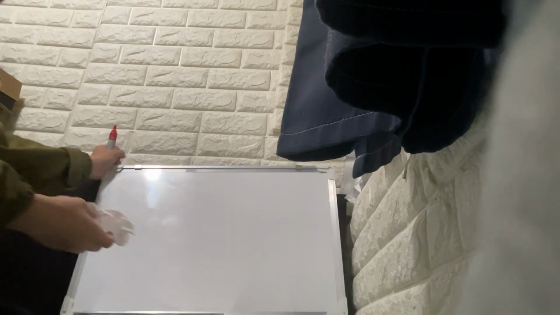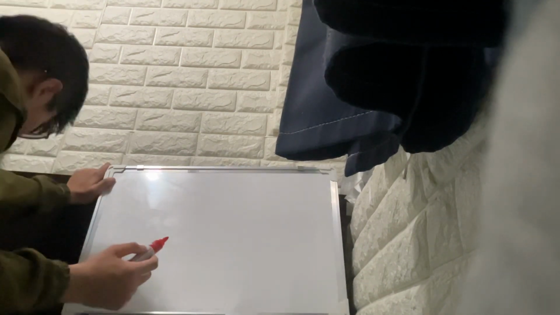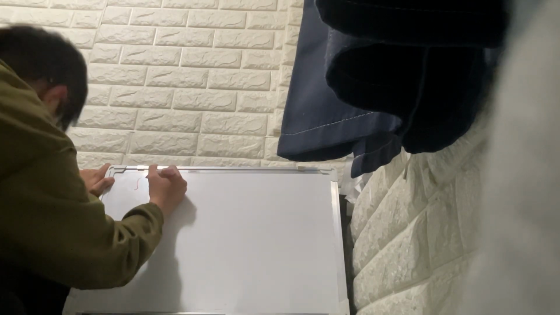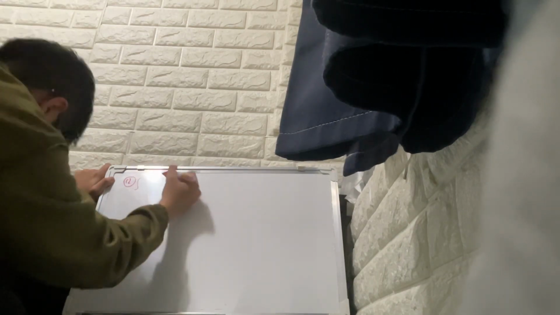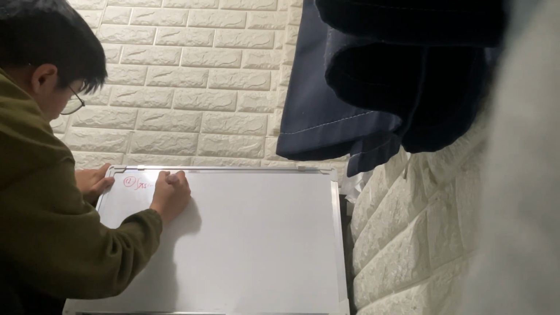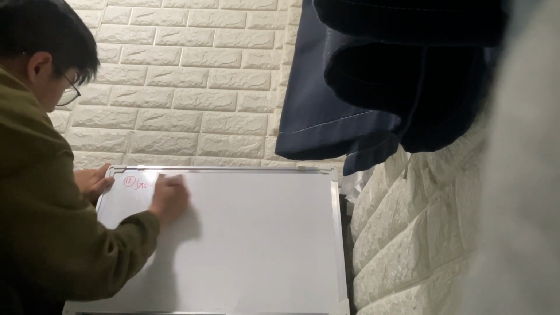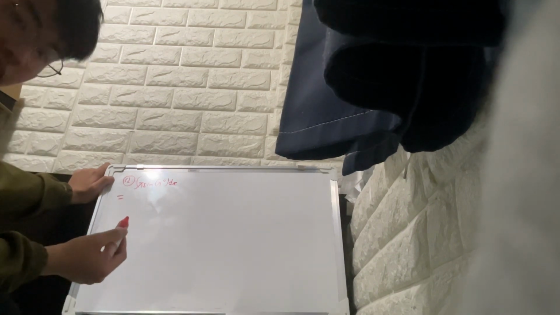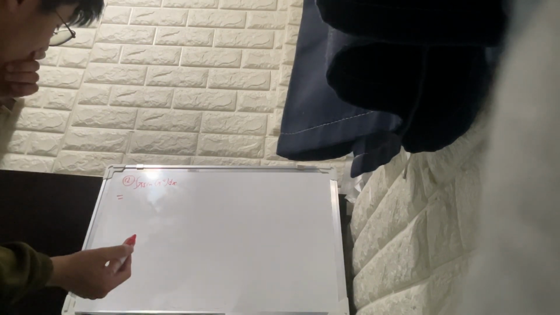Here's the number 12 question. The integral, and this is a little bit easier. Don't need to use our DI method, integration by parts. Here we have an x, and I'd like to cancel out the x.